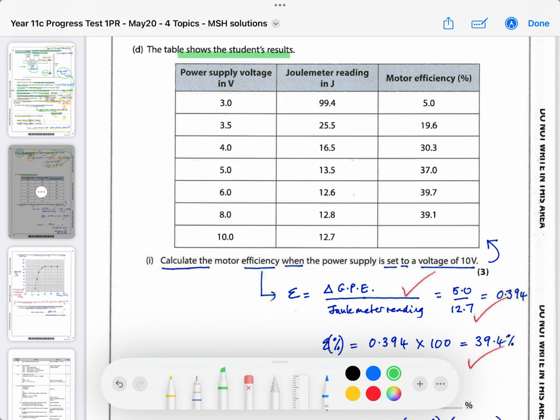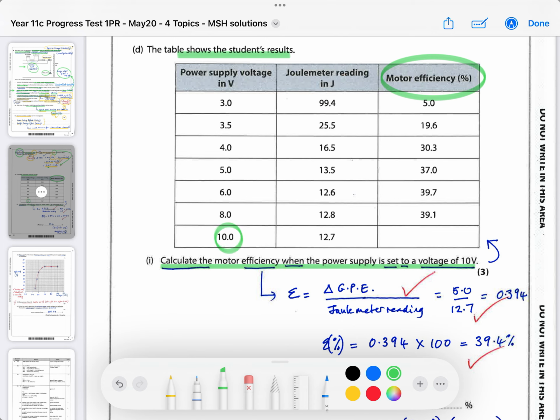Okay. Now they want you to calculate the efficiency when the power supply was on 10 volts. They've done all the other ones in this column to 1 decimal place consistently, which is scientifically good, and they want you to work out the missing value at 10 volts.